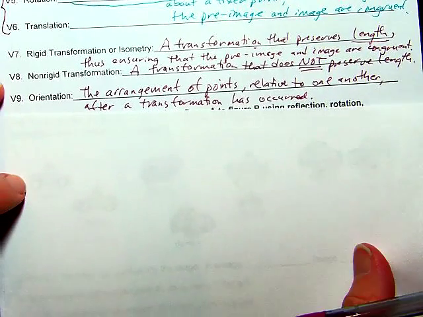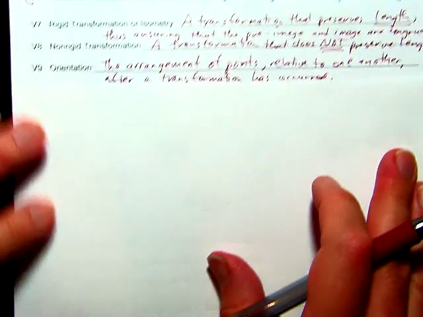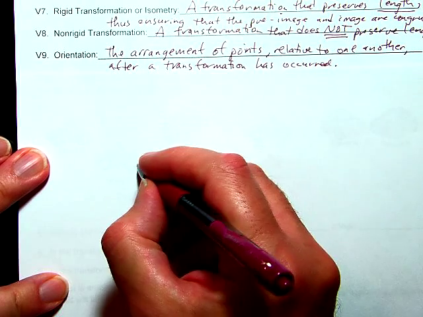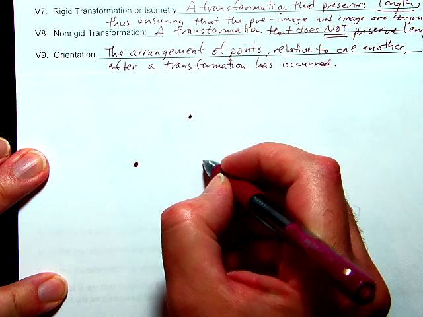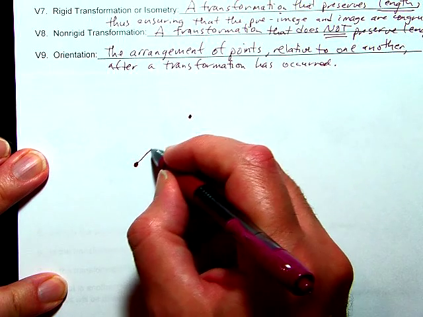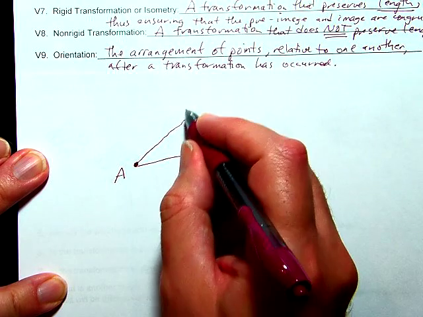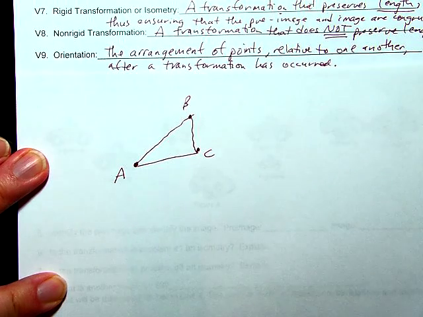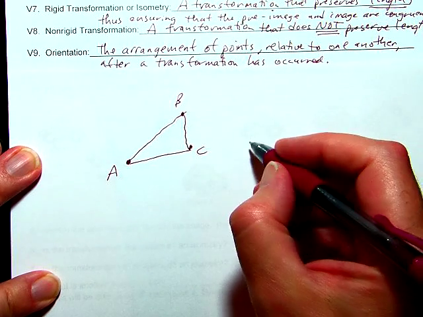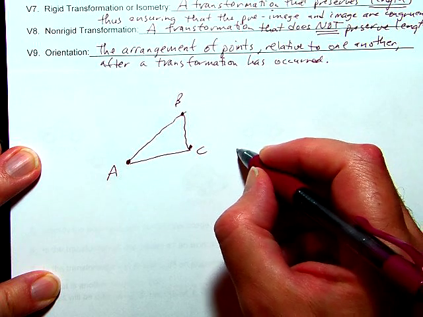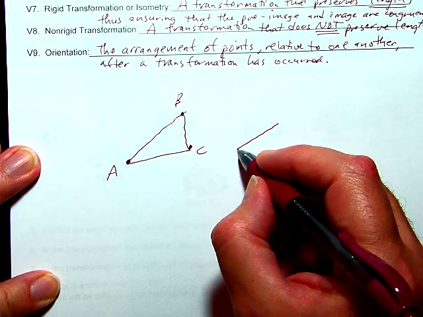So let's take a look at what an example of this might be. Let's talk about a triangle. Let's call it ABC. And here I'm just making a rough sketch. Here we've got a triangle, ABC. Okay, and then let's talk about a triangle after an isometry has occurred. Now, isometry is going to maintain the shape and the size.